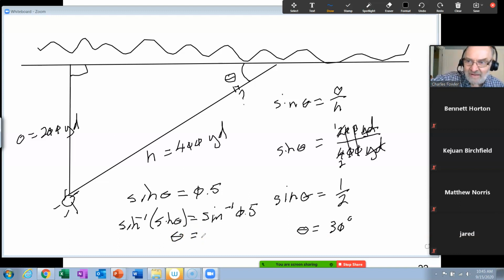Well, here's how you do it on your handy dandy calculator. I'm using my phone. If you've got a scientific calculator, it'd probably be a little easier. Get to your science calculator mode, and above the sine, cosine, and tangent, you have a second key.